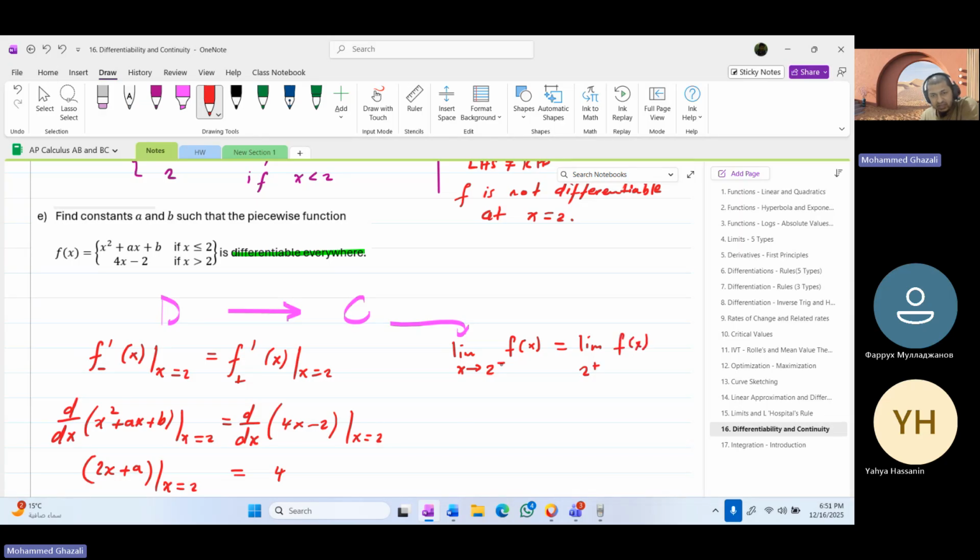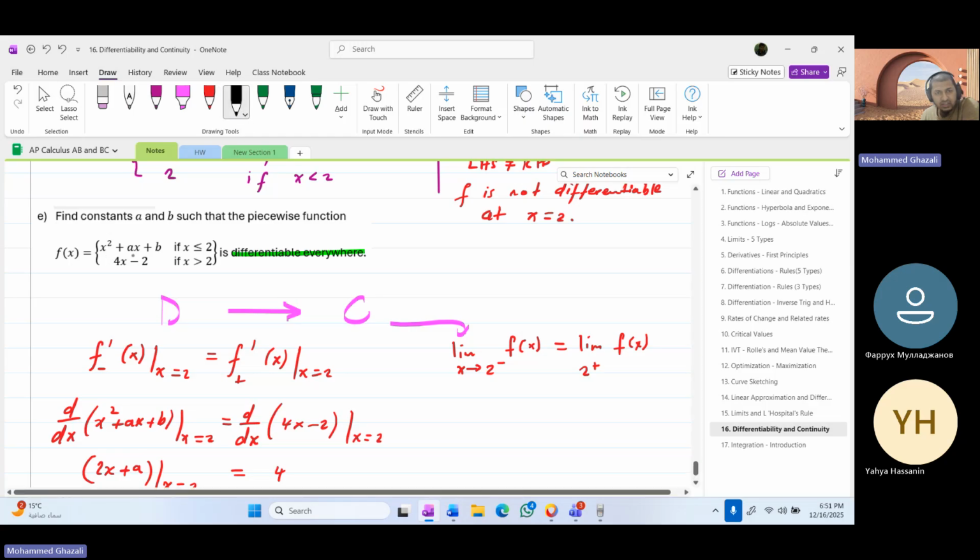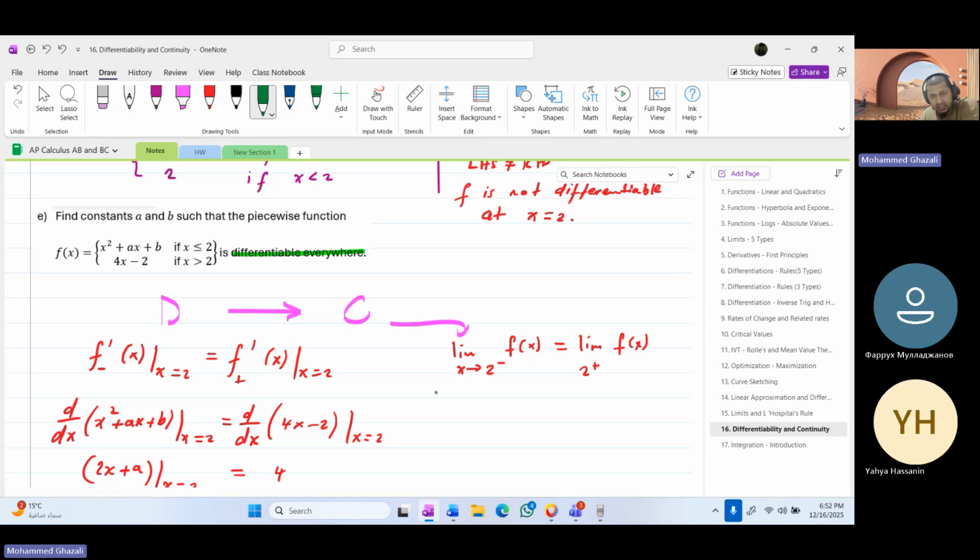So let's substitute 2 from the left. What is 2 from the left? The left-hand side function. Substitute 2 inside here. What do you get? If you substitute 2 inside the left-hand side function, you get 4 plus 2a plus b. Are we good? A is 0 actually, no? We can just put it. It will be just 4 plus b. Yeah, a is 0, correct.